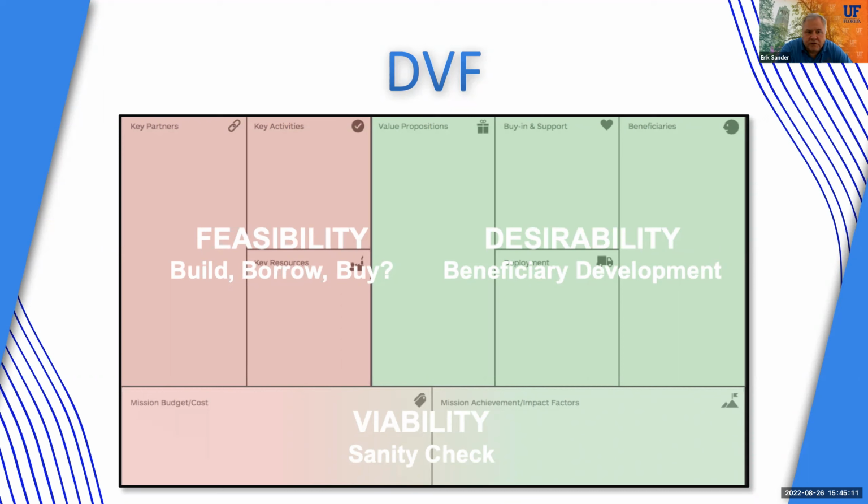Feasibility, which is the three blocks more on the left-hand side, to a degree, budget, mission, budget, and cost, so they bleed over into each other. The feasibility is really, okay, are these activities and the resources that are necessary feasible? In other words, are you proposing, as an example, a solution that would cost $100 billion right off the bat to get out the door?